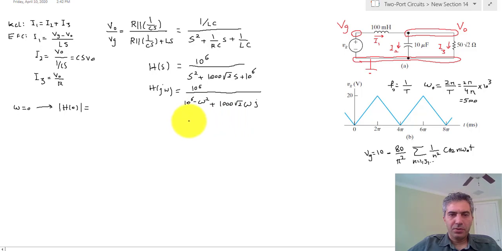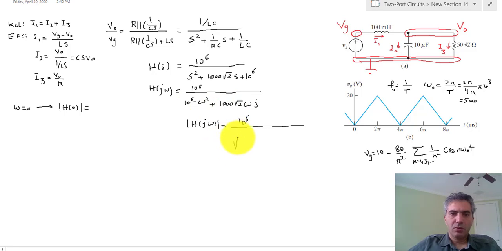Now the magnitude of H(j omega) would be the magnitude of the numerator, which is just 10 to the 6, divided by the magnitude of the denominator, which is basically a complex number.